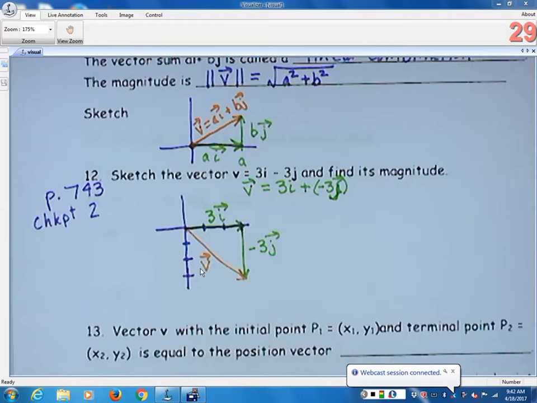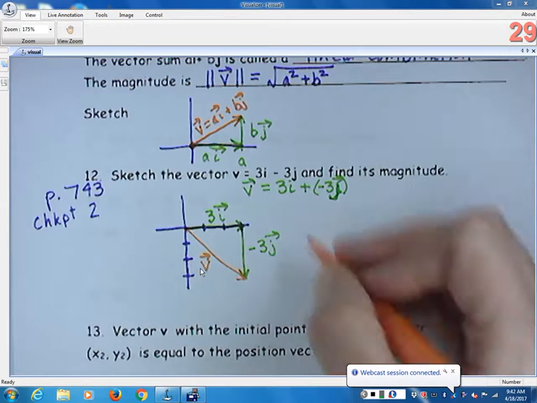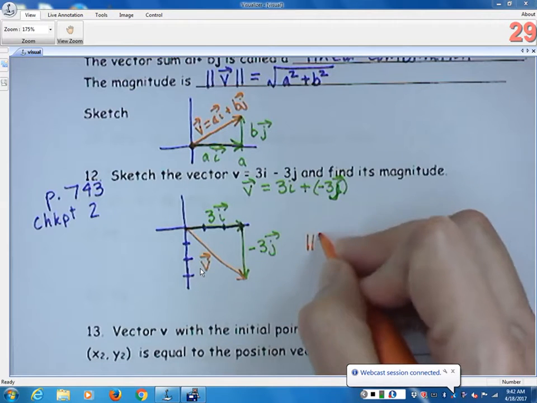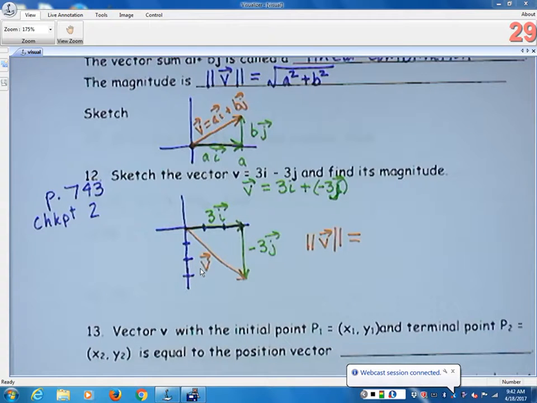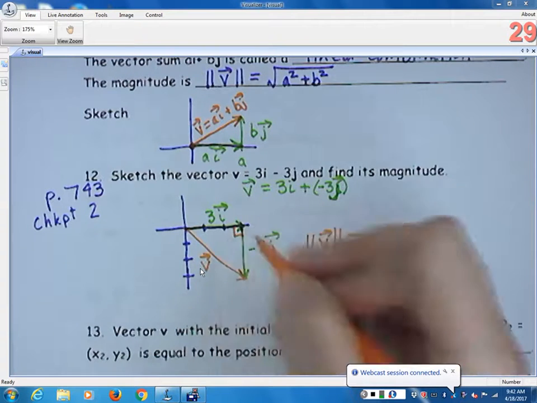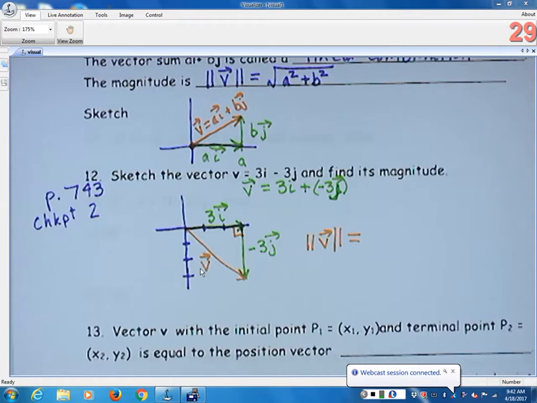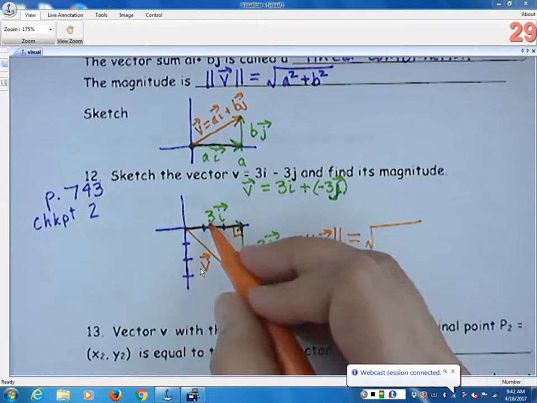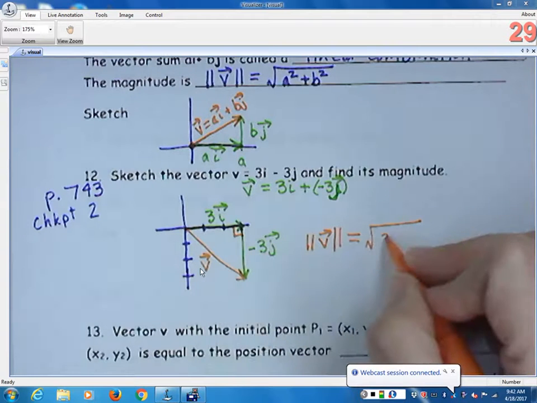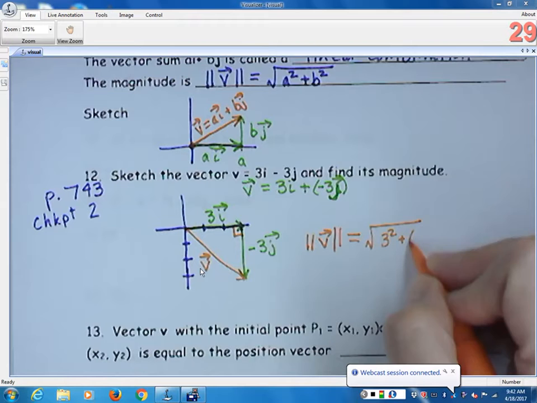Find its magnitude. The magnitude of v is just the Pythagorean theorem. We've got a right angle here, because they're unit vectors i and j, right angles. So that's the square root of a squared plus b squared: 3 squared plus negative 3 squared.